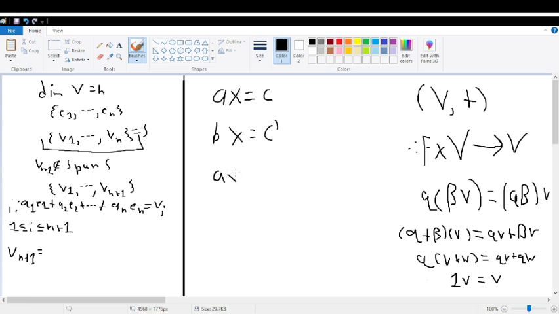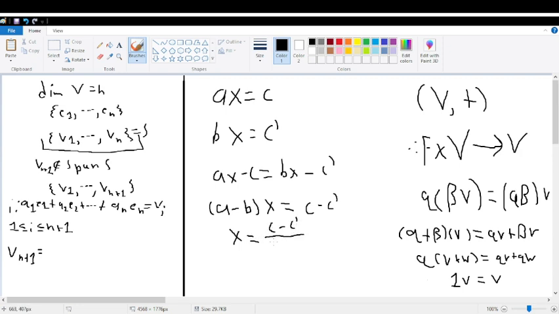Then we have ax minus c is equal to bx minus c prime. So we can write (a minus b) x is equal to c minus c prime. So we have that x is equal to c minus c prime over a minus b.